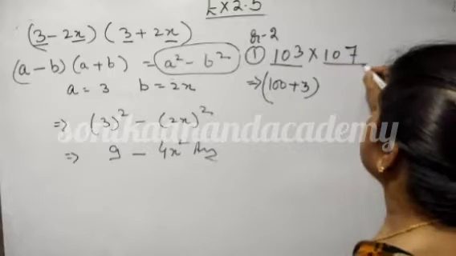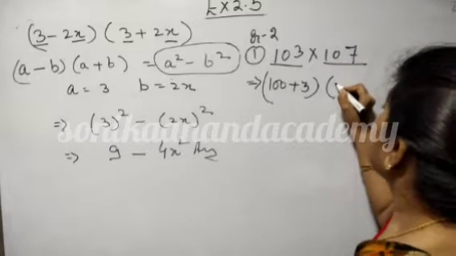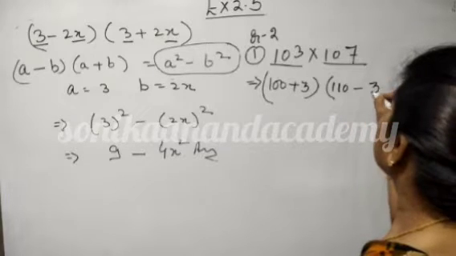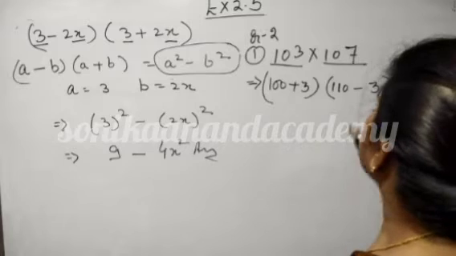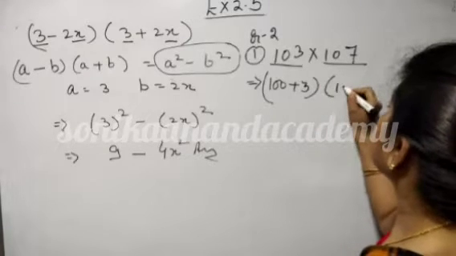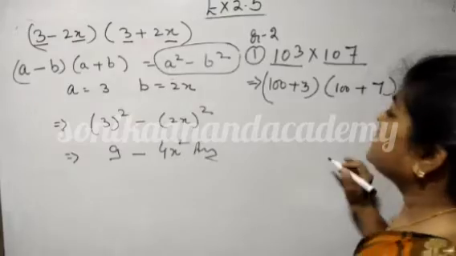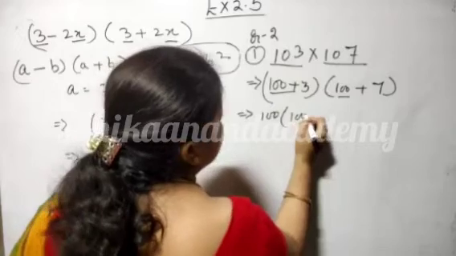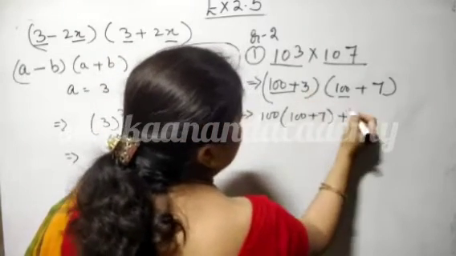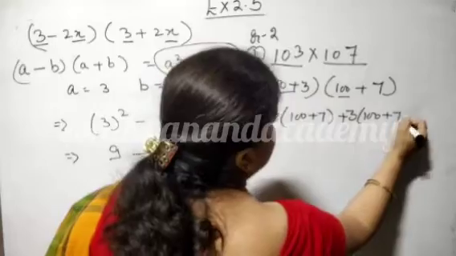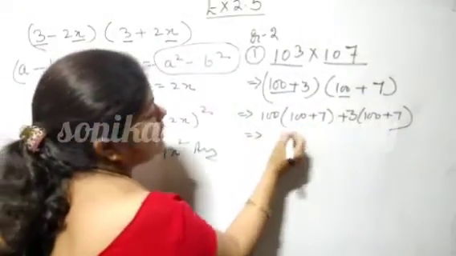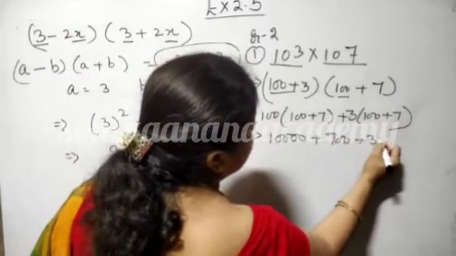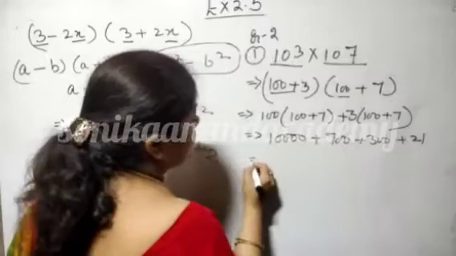And we write the other in the form of 100 plus 7. Now after that you can solve it: 100 into 100, that is 10000, then 700, then 300, then 3 sevens are 21.